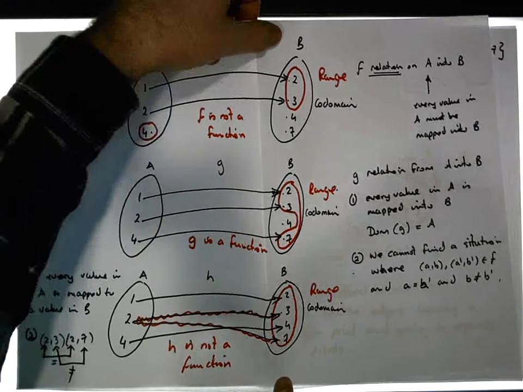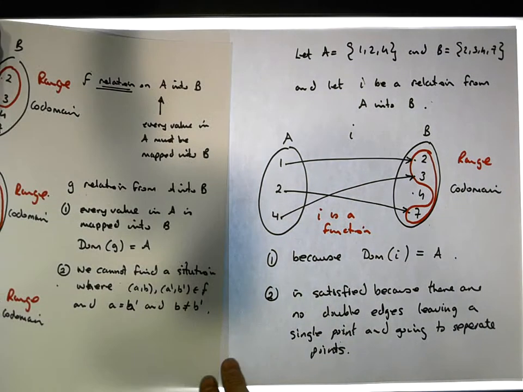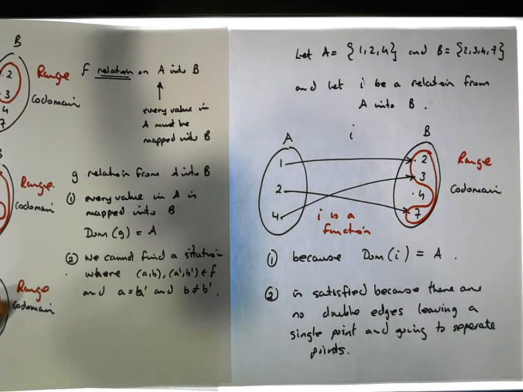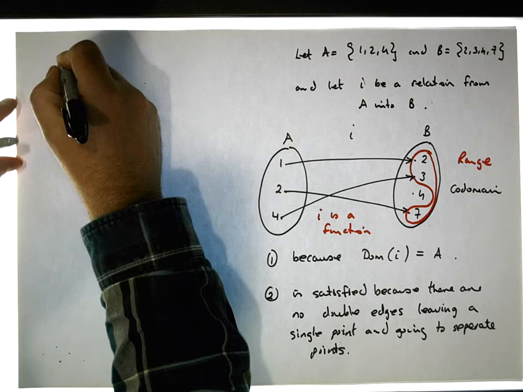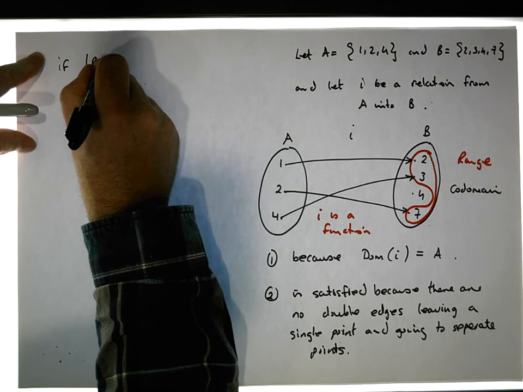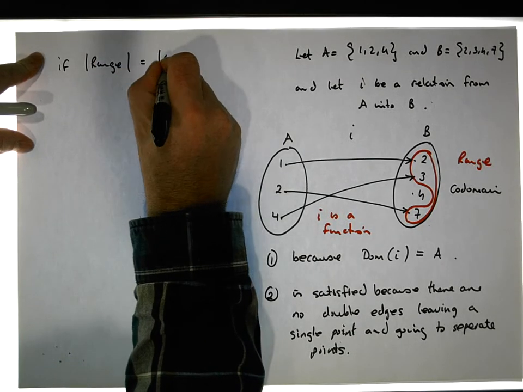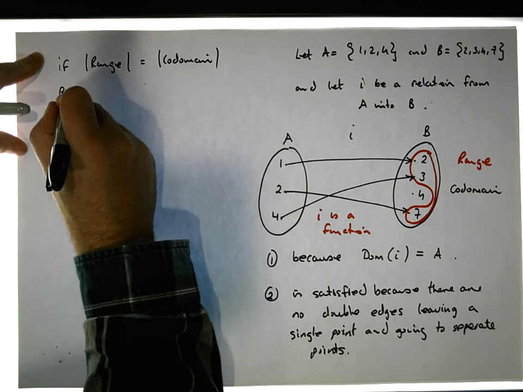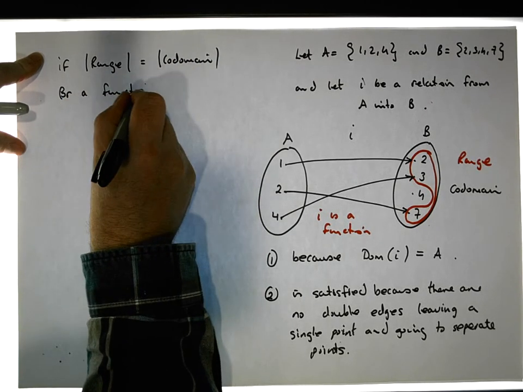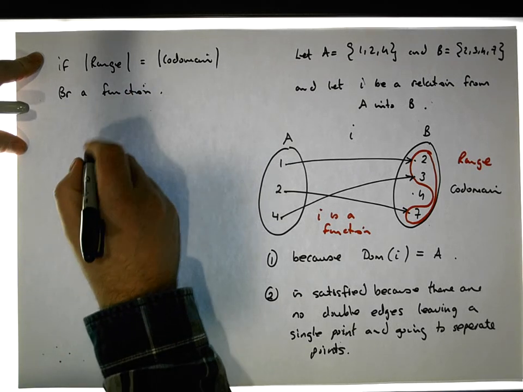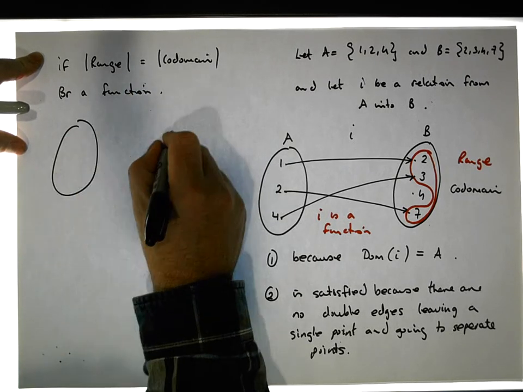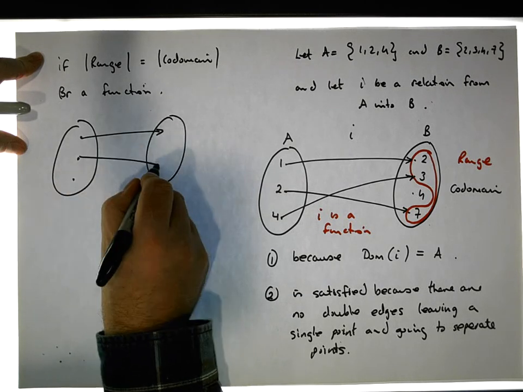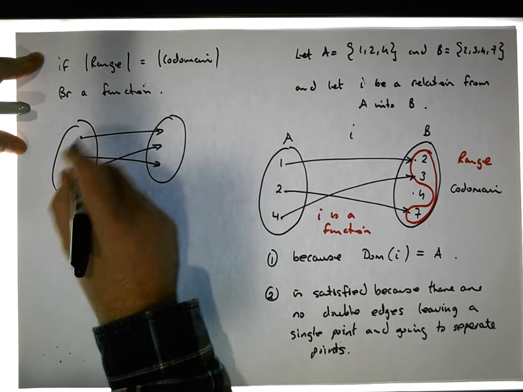If you think about it, if we have a function where the range is equal to the codomain, if the cardinality of the range equals the cardinality of the codomain, then we always have single arrows going out to other values over here. There are never double arrows, because it is a function, if that makes sense.